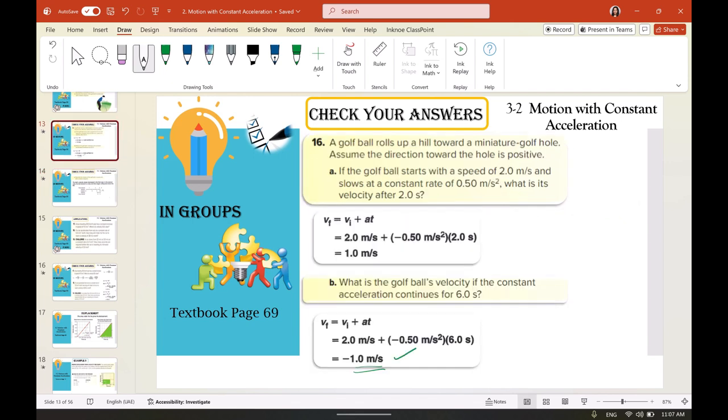So first part, look at that. In this case it is plus 1, and here it is minus 1. So in both the cases, you could see that here it was moving with positive, plus 1, then stopped and came back after 6 seconds. I mean, this is for 2 seconds, and after 6 seconds, what is happening? It is coming back.